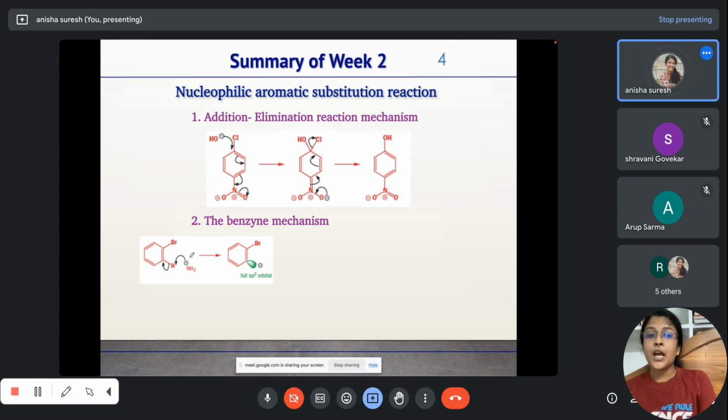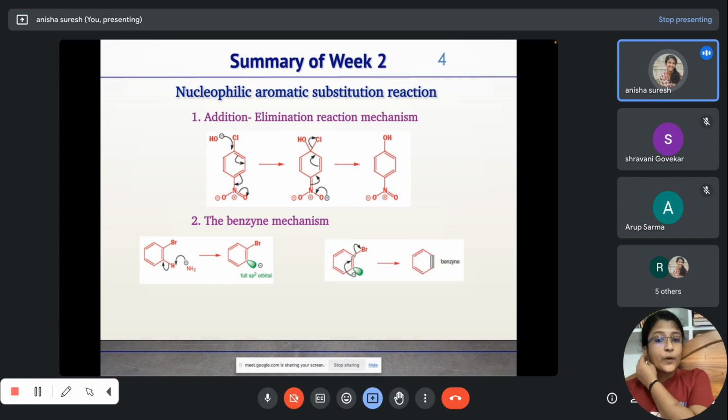So this NH2 minus can abstract the proton that is adjacent to this bromine. It will generate an anion at this position with a full sp2 orbital. This anion can delocalize in this fashion and eliminate the leaving group, that is bromide. So this intermediate benzyne is formed.